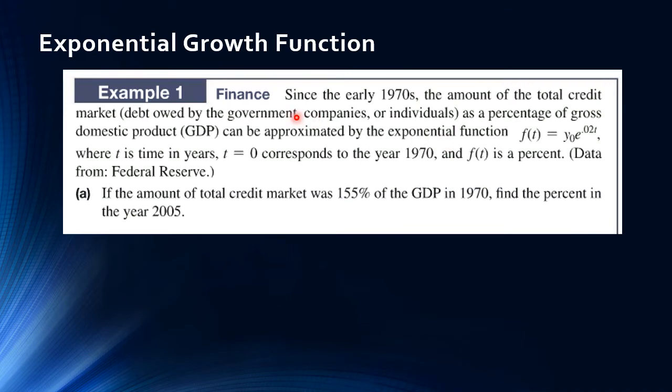Exponential growth function, example 1 in finance. Since the early 1970s, the amount of the total credit market, which is the debt owed by the government, companies, or individuals, as a percentage of gross domestic product, GDP, can be approximated by the exponential function f of t equals y sub 0 e to the 0.02t, where t is time in years, and t equals 0 corresponds to the year 1970.